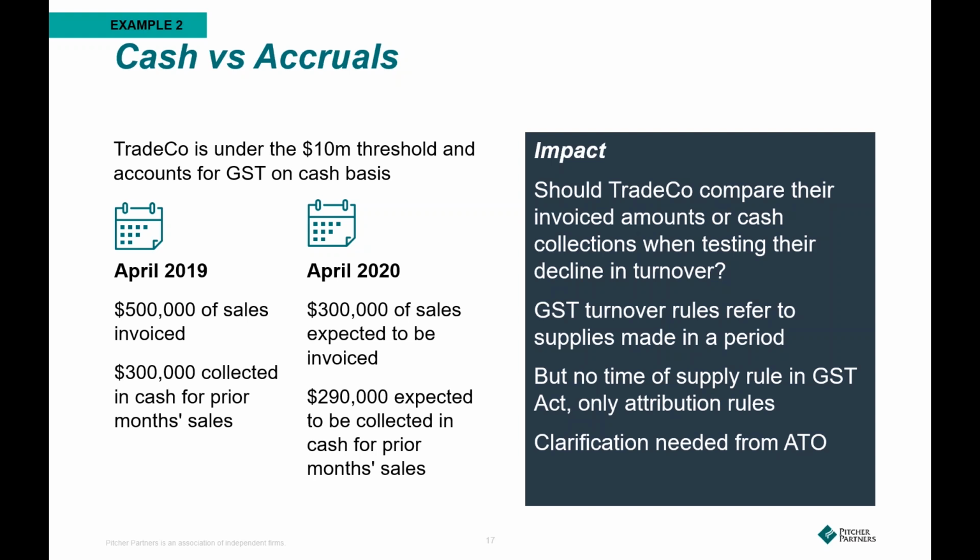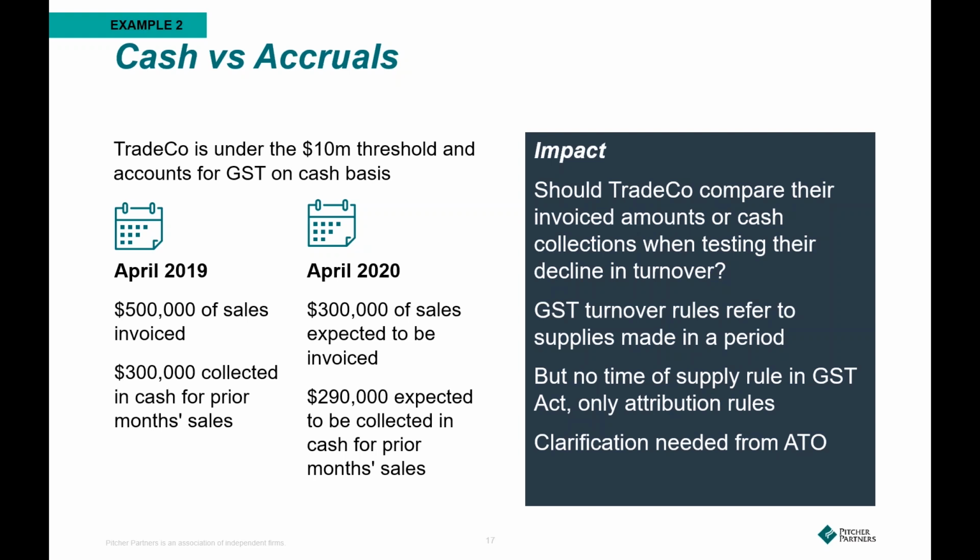In April 2020, it expects $300,000 worth of sales to be invoiced, and it also expects $290,000 worth of collections to be made in respect of sales that have been made in prior quarters. So when it compares that to the relevant comparison period, which is the month of April 2019, it sees that there were $500,000 worth of sales invoiced in April 2019 and $300,000 worth of cash collected for prior months' sales.